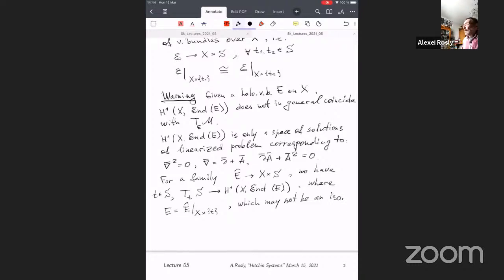One can say that not an arbitrary first order infinitesimal deformation can be continued to a finite deformation. However, for line bundles, the situation is good, and we always have that the dimension of infinitesimal deformations is the same as of finite ones.